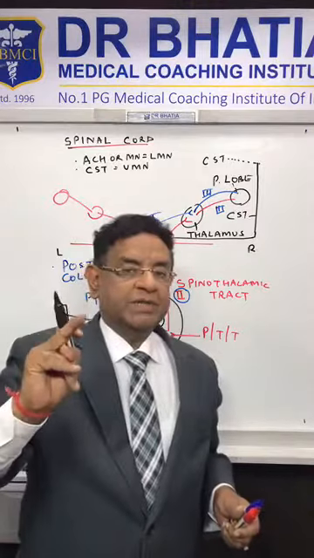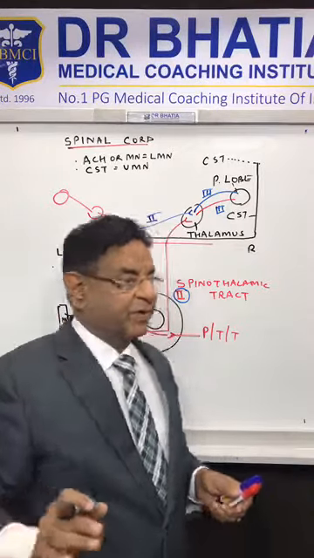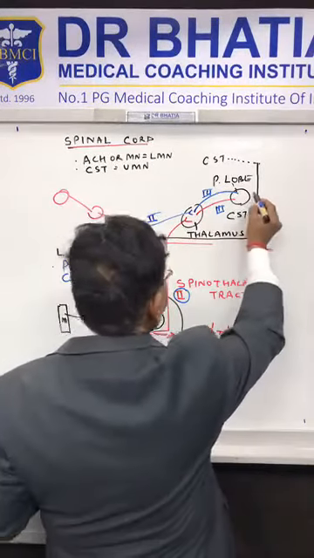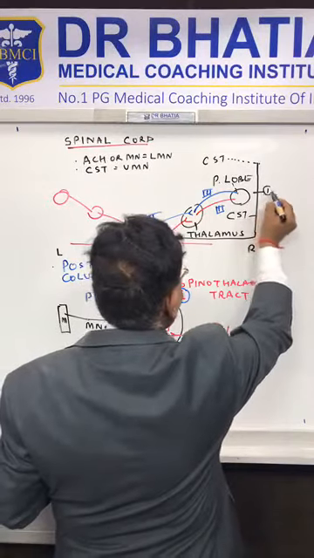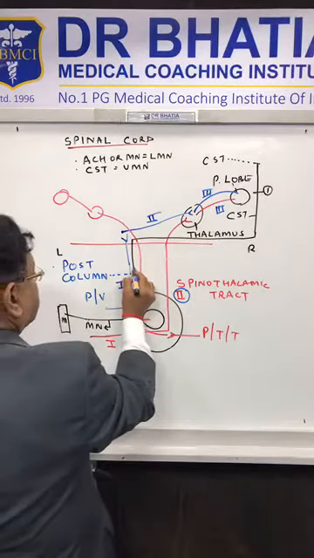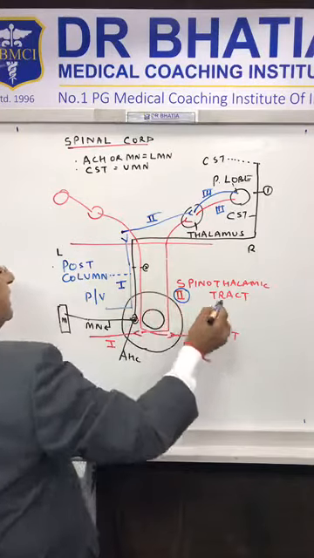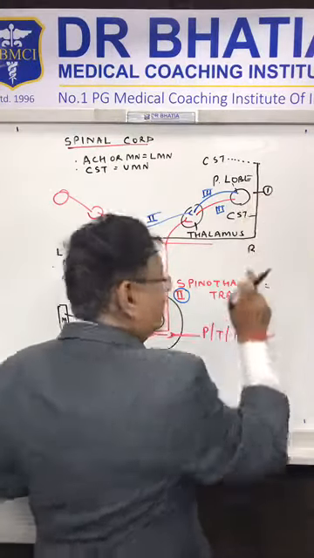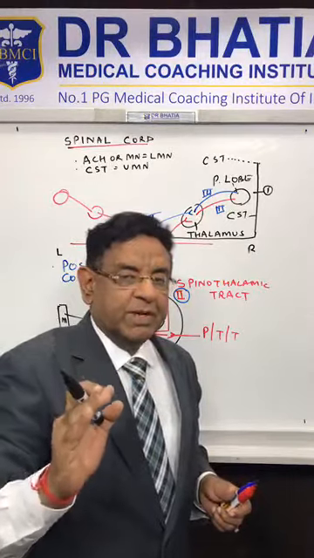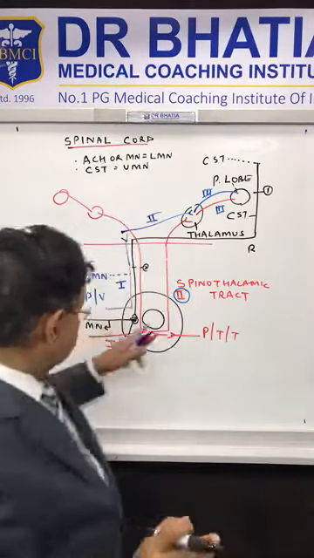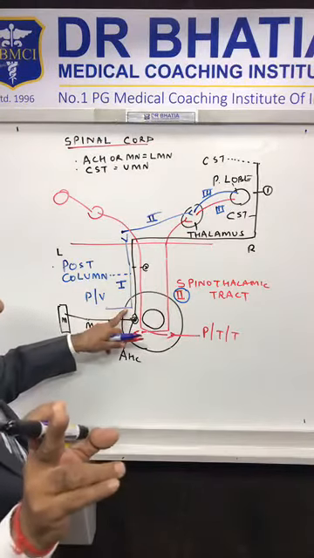Now, one more thing you should understand very carefully. This is the corticospinal tract, site number 1. This is the corticospinal cord, site number 2. If a lesion occurs at site number 1, there will be contralateral upper motor neuron features.